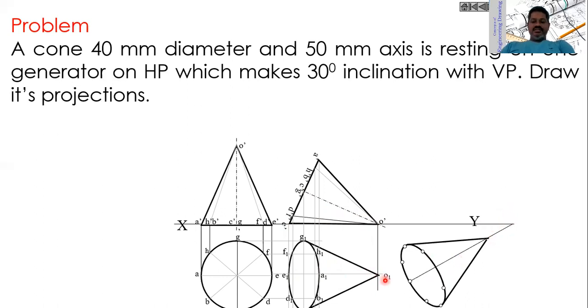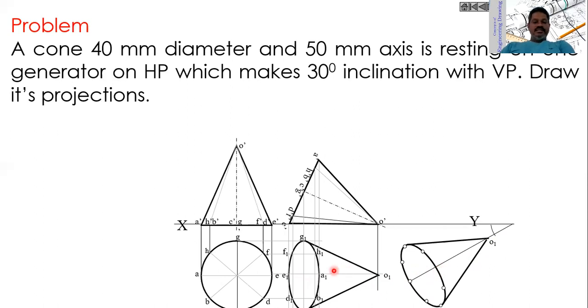Then take a compass. In that compass, take the radius O1 E1 and locate a convenient point here and name that point as O1. With that radius, intersect this inclined line and that will become E1, and with O1 A1 as radius, with O1 as center, get the A1 point here.